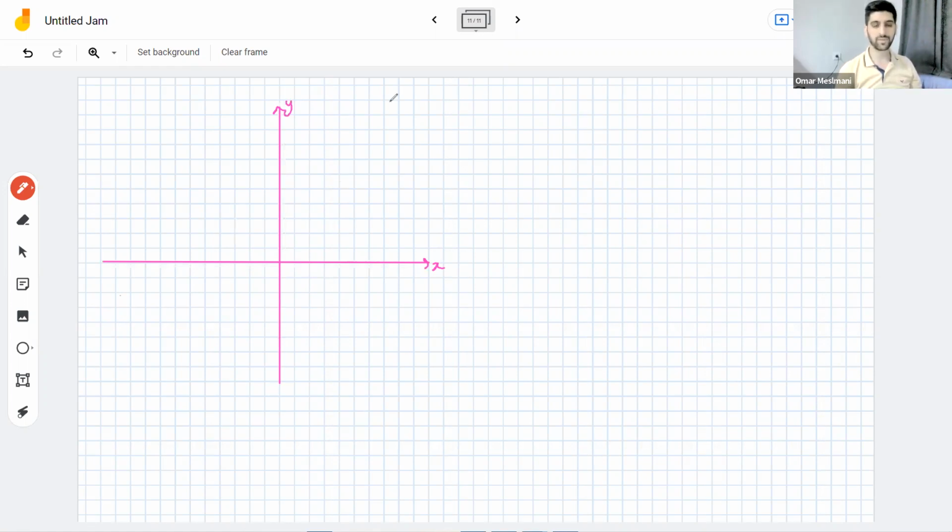And what if I have a function like this, somehow.